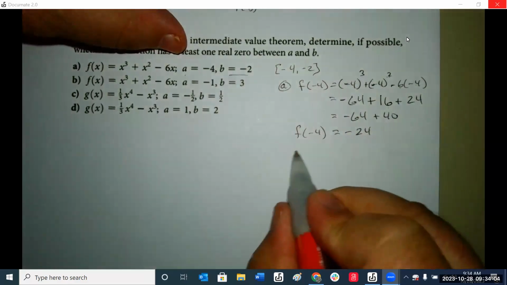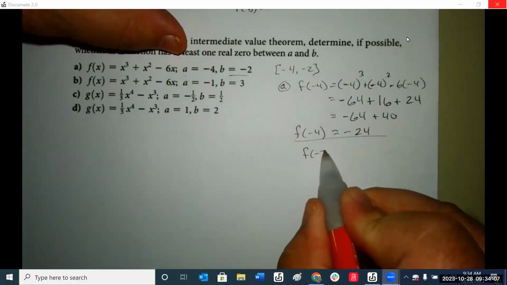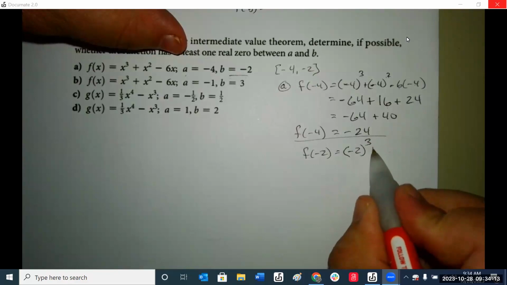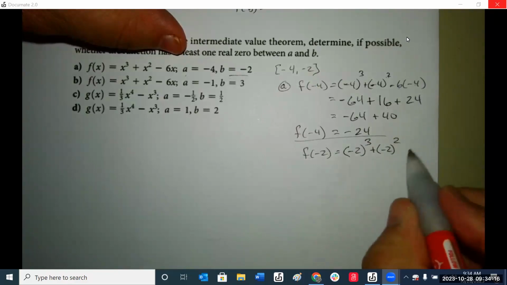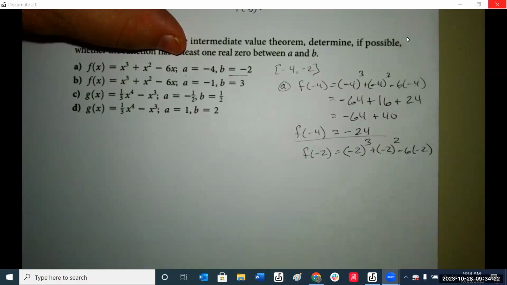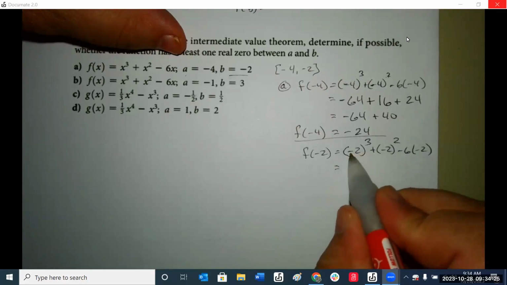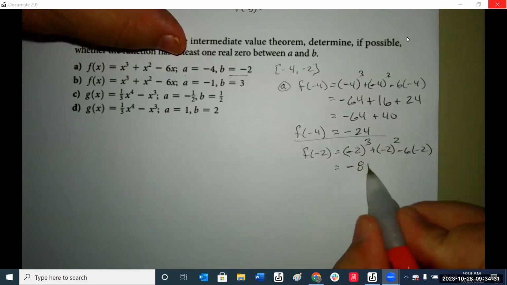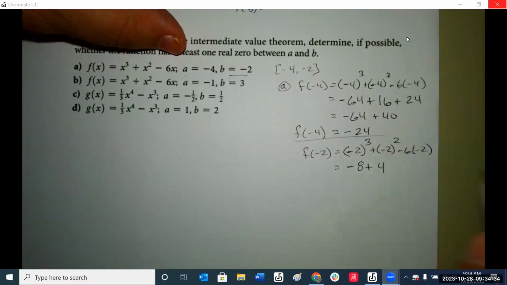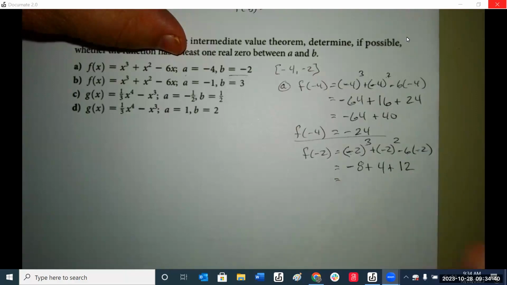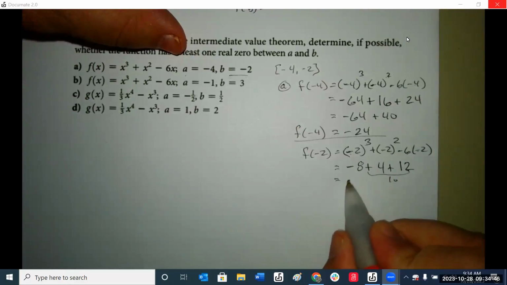Now we do it at -2. f of -2: -2 cubed plus -2 squared minus 6 times -2. Negative to an odd power is negative. 2 cubed, 2 times 2 times 2, is 8. 2 squared is 4. Negative negative is a positive. 6 times 2 is 12. -8 plus 16 is +8.